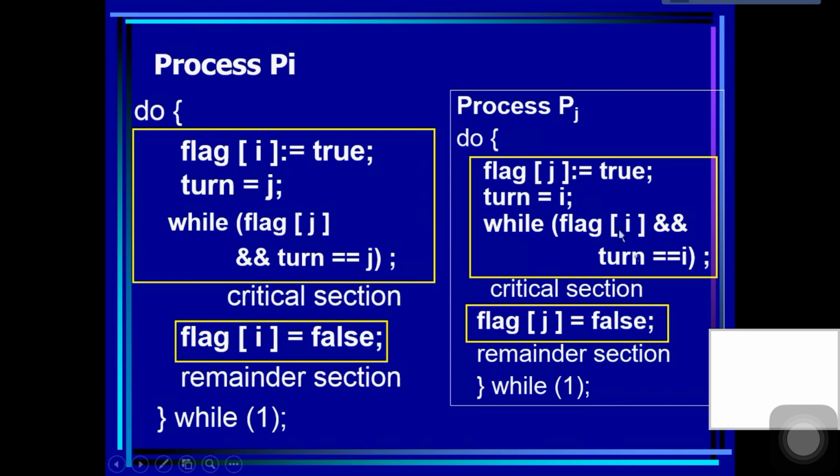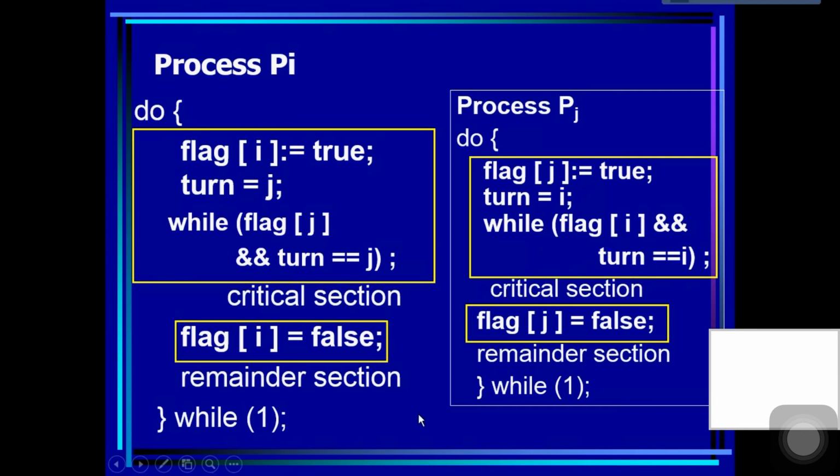That means only one assignment will stand. So if turn equals i, then process Pi can enter its critical section. After it finishes its exit section, then process Pj can enter its critical section, and vice versa.